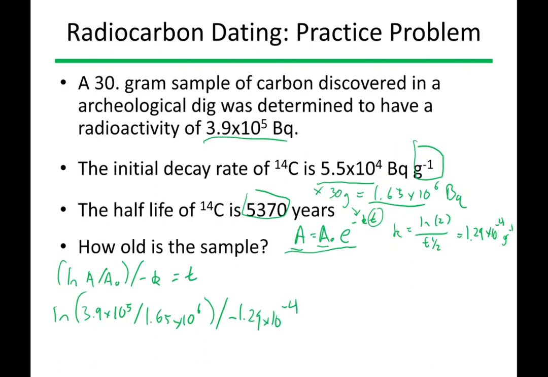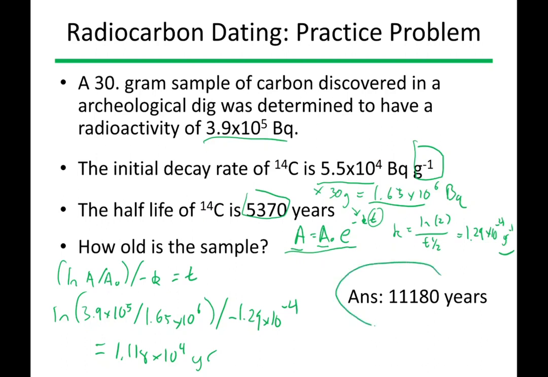If you plug all this in, you get a value that is 1.118 times 10 to the fourth, and for our time, this is in years. So based on the radioactivity of our archaeological sample, we'd say this thing is about 11,000 years old.